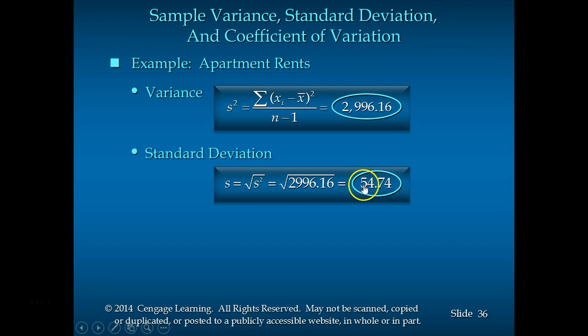I have 54.74. This is saying that on average, the average distance from the mean is $54.74. Okay, so my mean is $490. On average, houses are plus minus $54 from this mean.